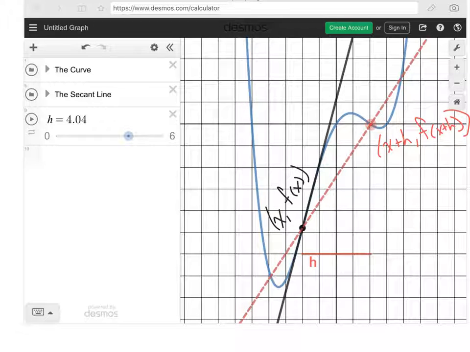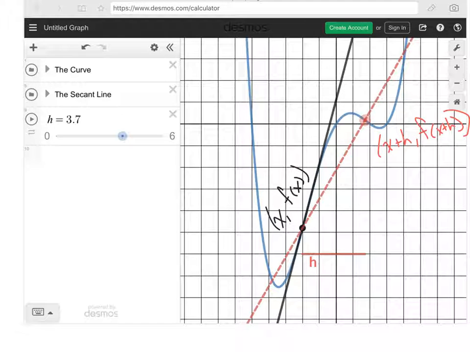Now, as we move that point closer to our point of tangency, we get a better and better approximation of what the tangent line is. But pay attention to what happens to the length of h down here.